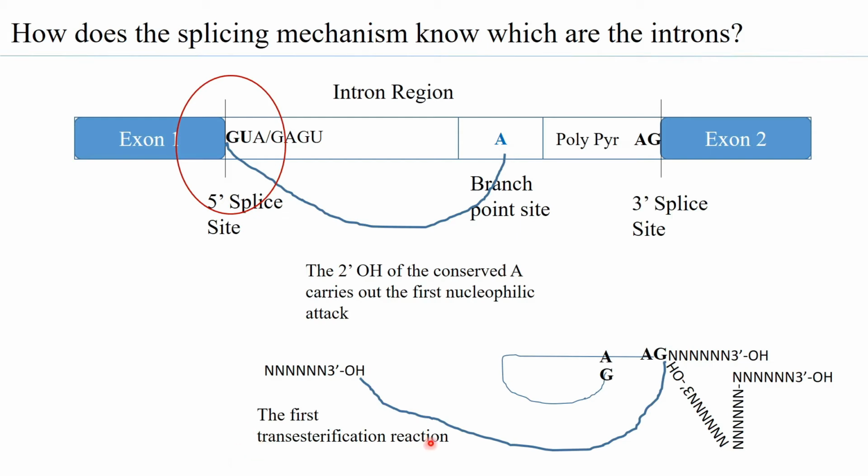The first transesterification reaction ensures that exon 1 is separated from the intron, while the second transesterification reaction at the 3' splice site of the intron ensures that exon 1 is now in a bond with exon 2, while the entire intron region is released in the form of a lariat. So this second transesterification reaction leads to the splicing out of the entire intron.